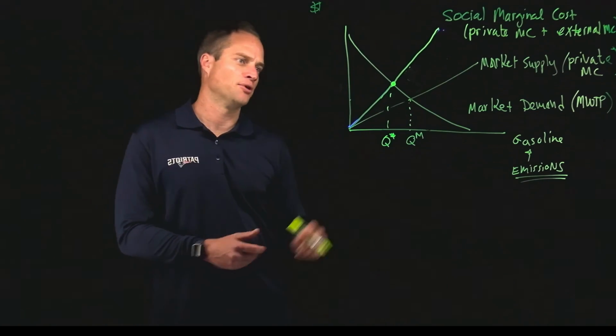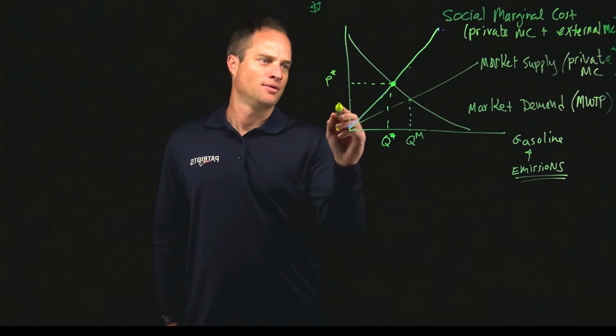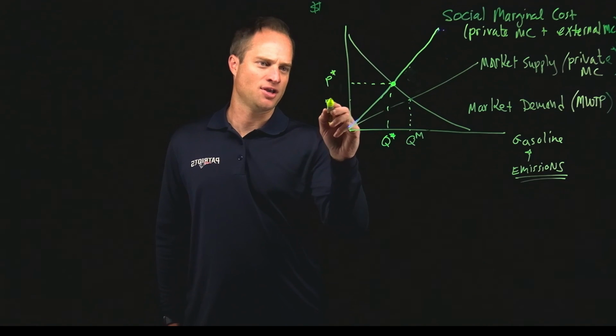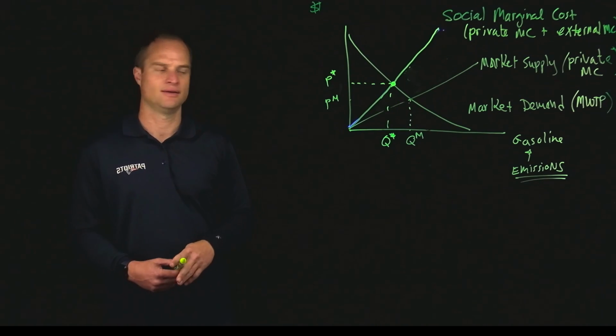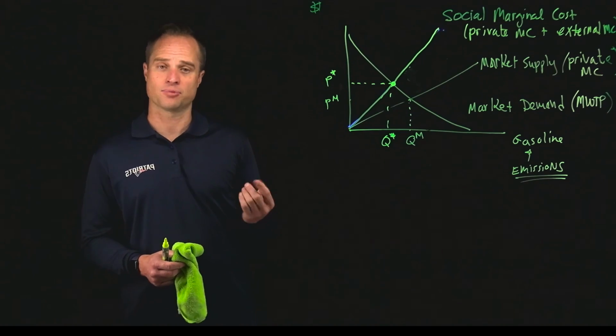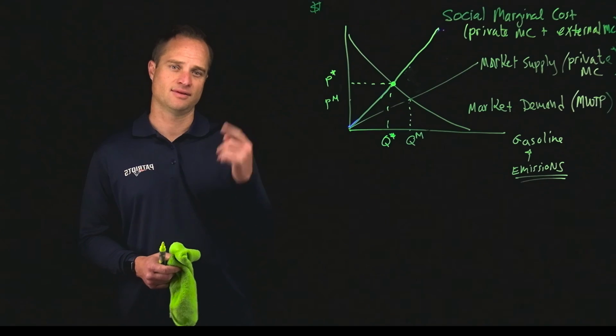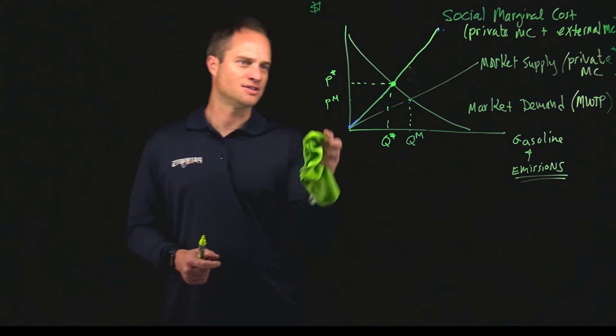And if we put the price in, again, I'm going to take it away, but remember PM was somewhere here where the unregulated market demand and supply intersect. Efficiency is going to require the price of gasoline to increase and the quantity bought and sold on the market to decrease.